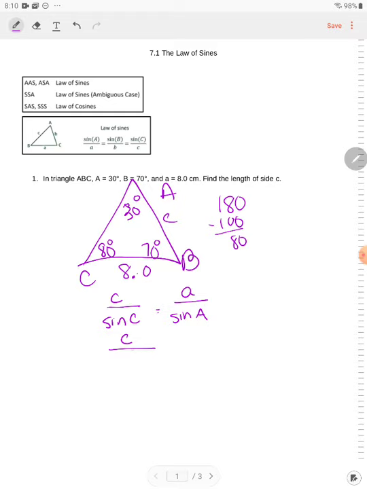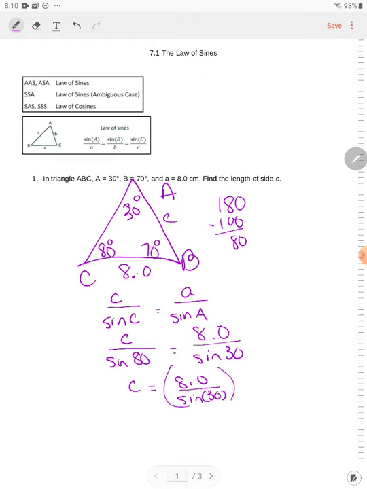So c over sine of 80 is equal to 8.0 over sine of 30. Multiplying each side by sine 80, c is equal to 8.0 over sine of 30 times sine of 80. Using our calculator, c is approximately 16 centimeters.